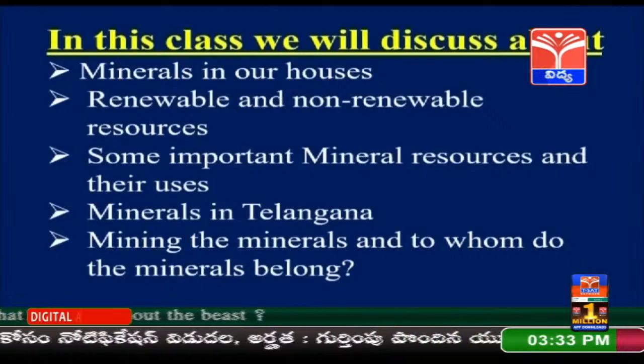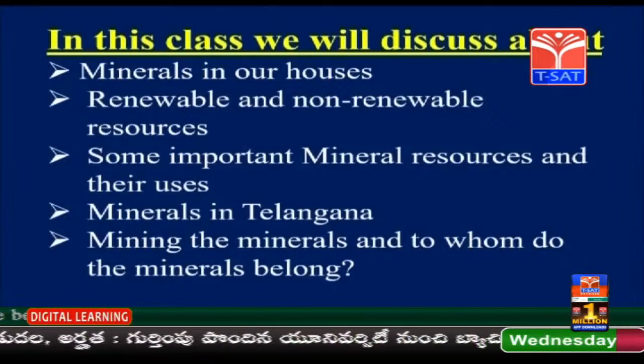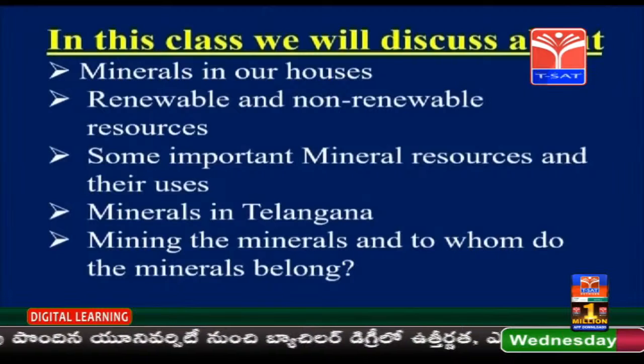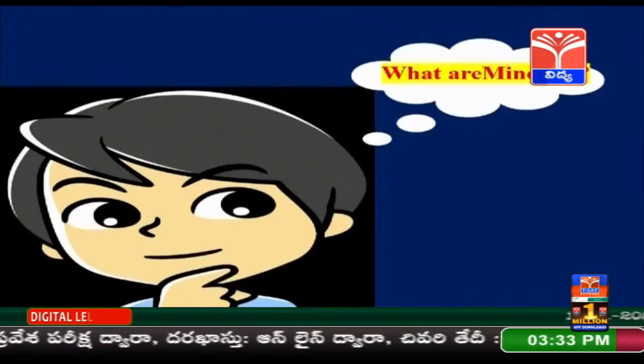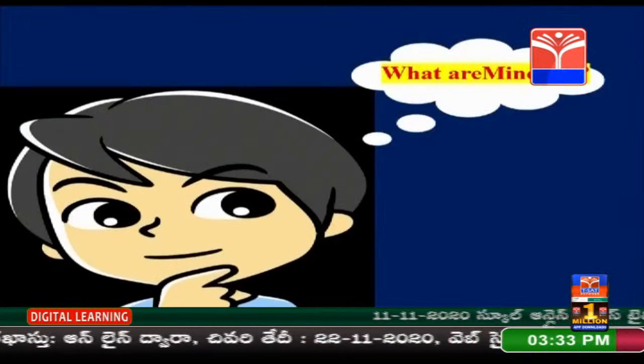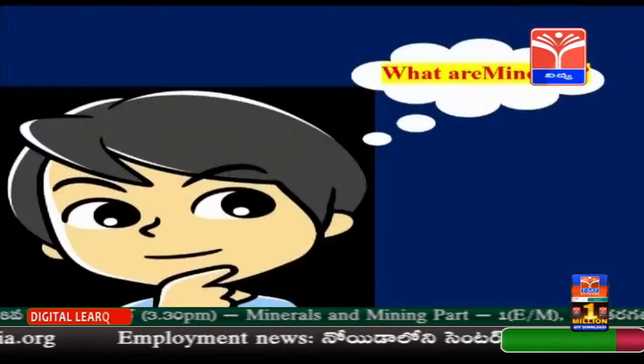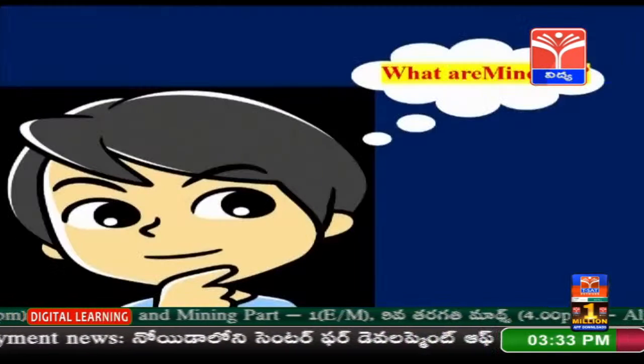Minerals in Telangana, mining the minerals and to whom do the minerals belong. Children, now you must be thinking, what are the minerals? So, let us go for some slides which help you understand what the minerals are. So, watch these pictures carefully, children.